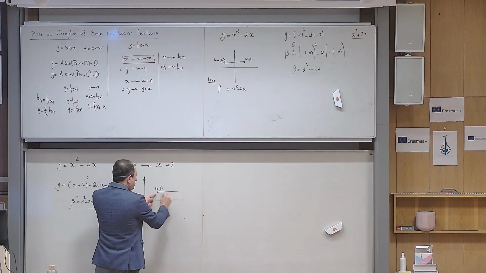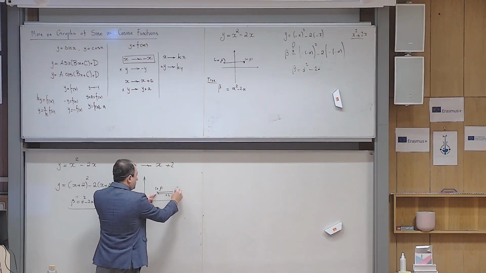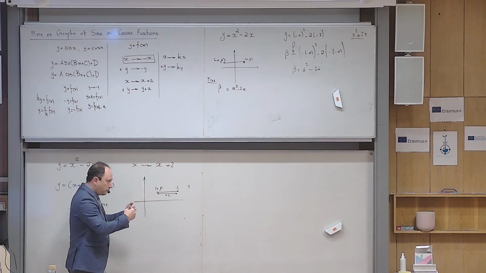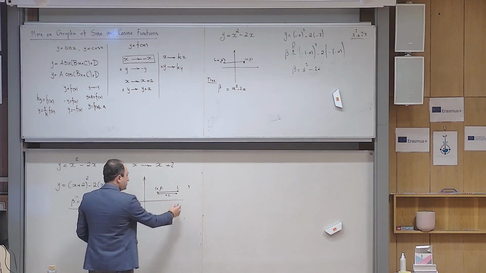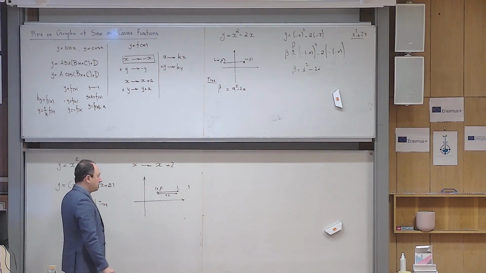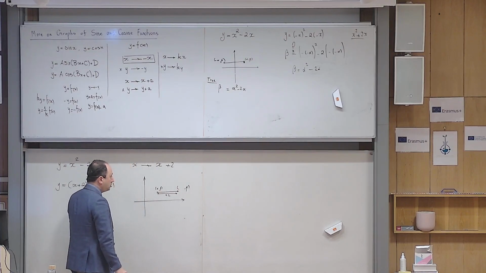If I take the same point and shift it parallel to the x-axis, 2 units to the right, what will be the coordinates? The beta coordinate, do you agree, will remain the same, but the alpha coordinate becomes what? Alpha plus 2.